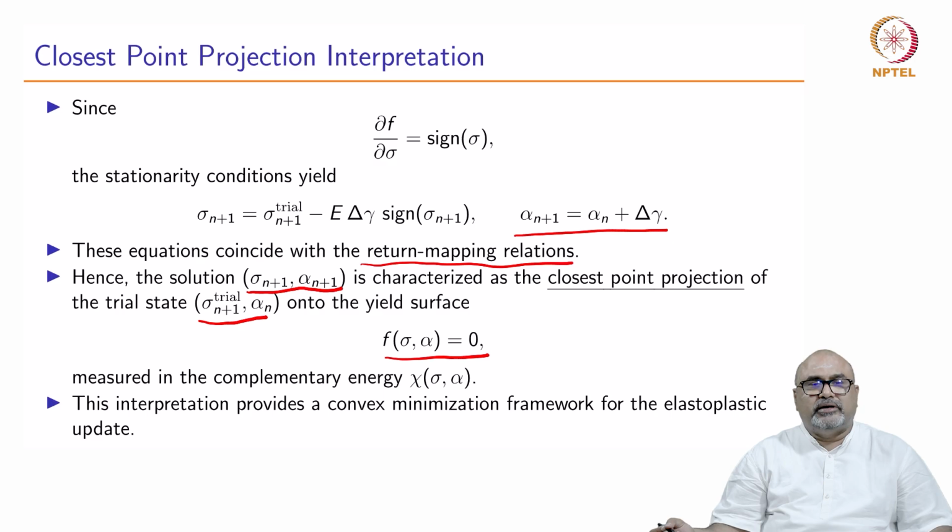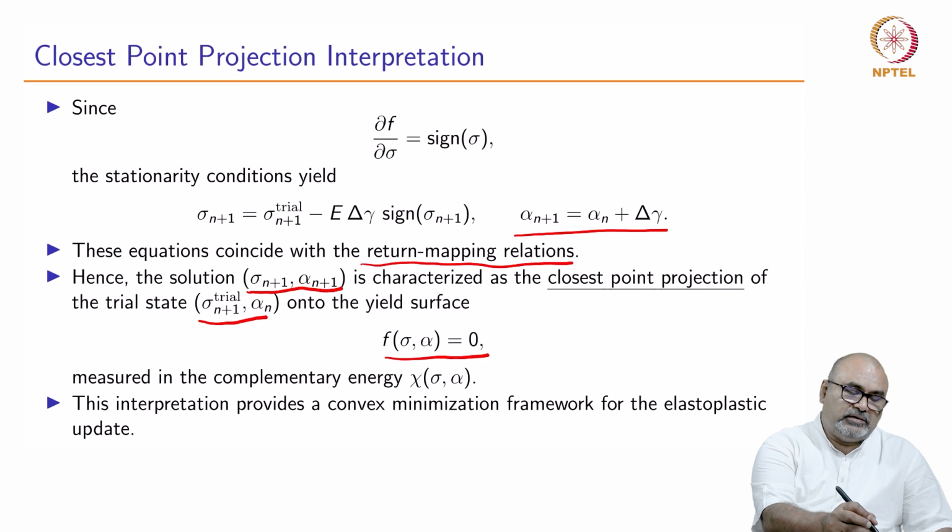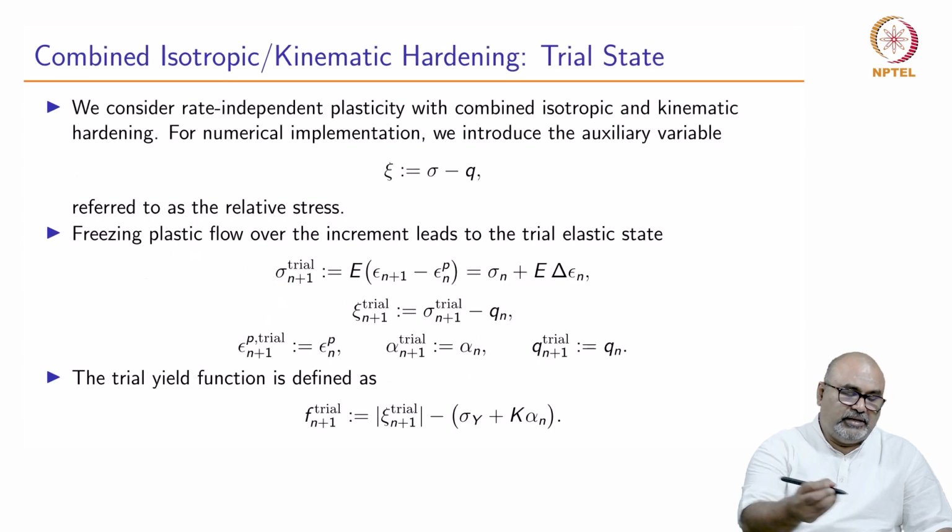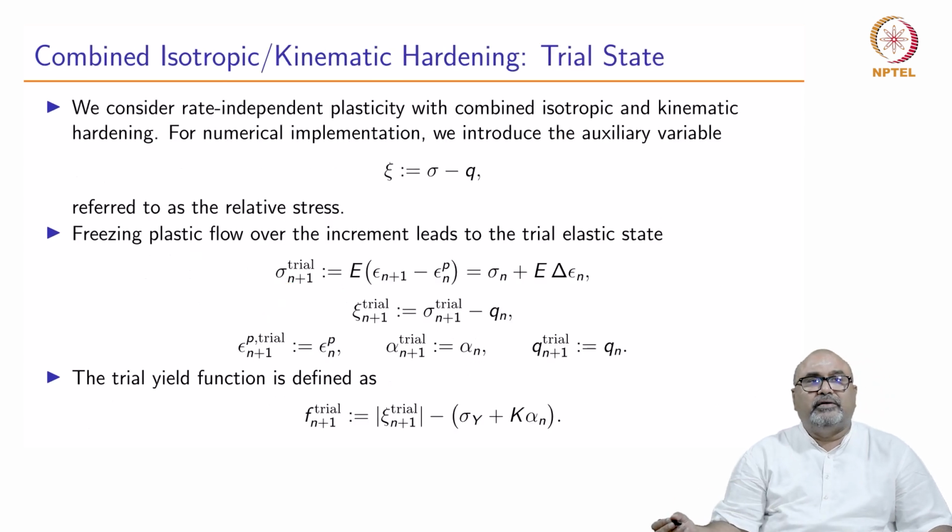This interpretation provides a convex minimization framework for the elastic plastic update that we are seeking during an elastic plastic process. Now, when we have combined isotropic and kinematic hardening, one can define the trial state in rate independent plasticity with combined isotropic and kinematic hardening in the following fashion.